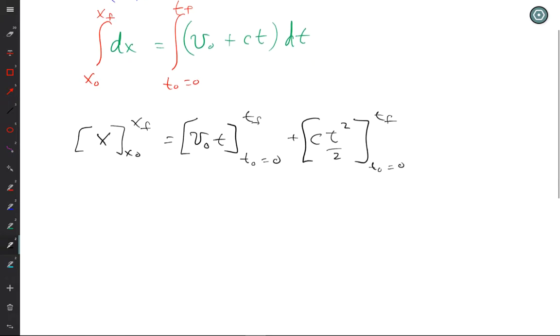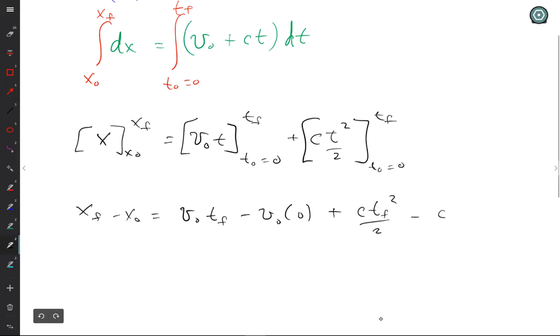Now we plug in the limits, and this is where your work was a little fuzzy. This would be the only place that I didn't see you had written down clearly. Putting in the limits, I have x final minus x initial is equal to v0 t final minus v0 times 0 plus c t final squared over 2 minus c times 0 squared over 2.